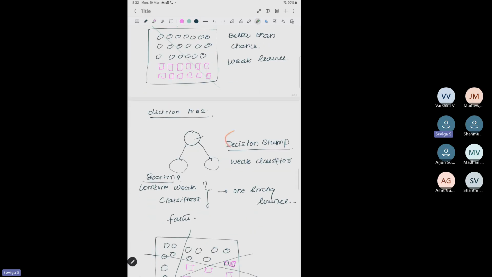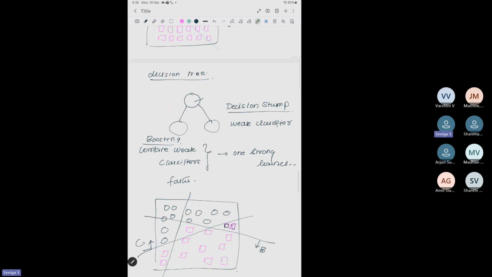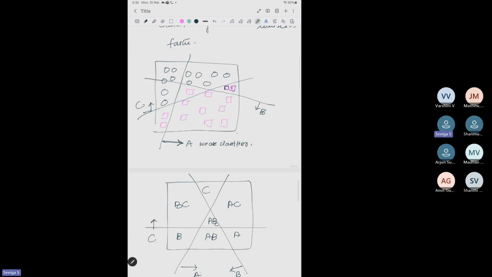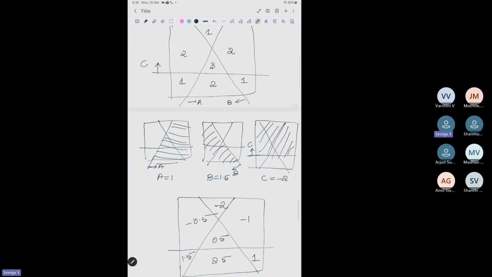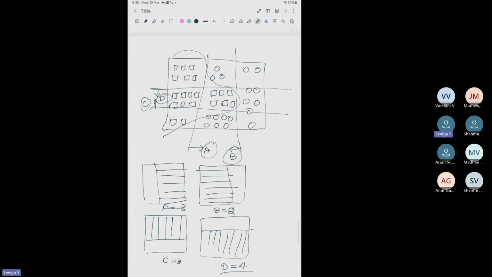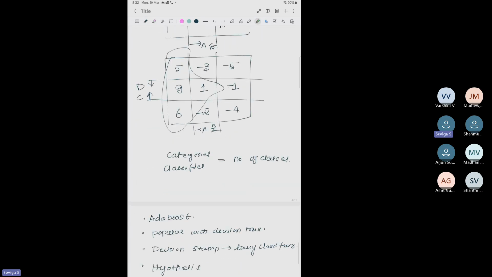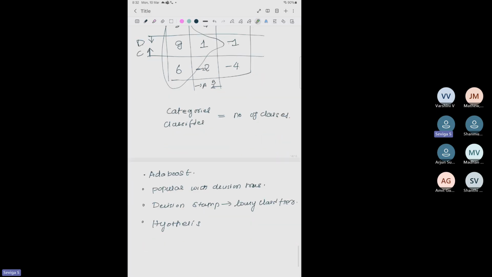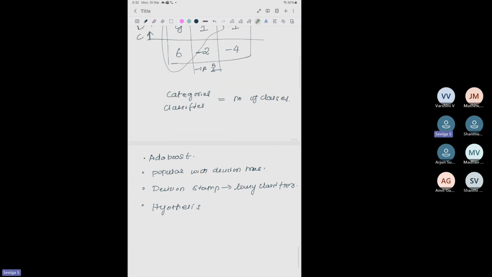Then we learned what a decision stump is. Boosting combines several decision stumps into one strong classifier. We saw how to do the voting with some examples. The rule of thumb is that the number of classifiers is equal to the number of classes, but with trial and error, we can have more classifiers than the number of categories. So this is what we have learned today.